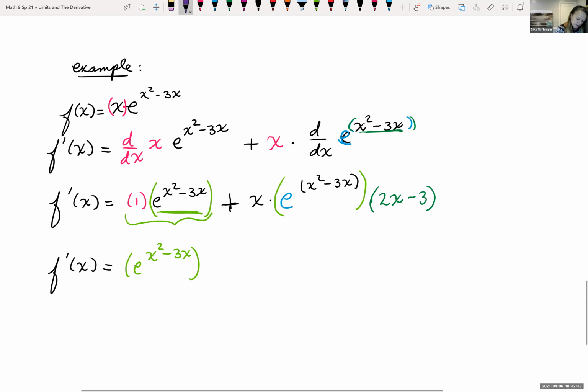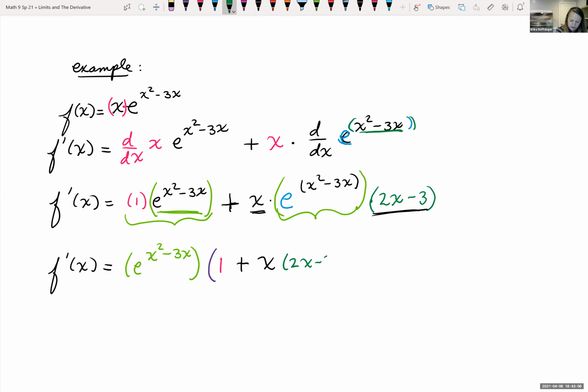So all times the 1. Then we have our plus sign. We pulled this out, so we have to write what's left. We're left with this x here, and we're left with this parentheses 2x minus 3.